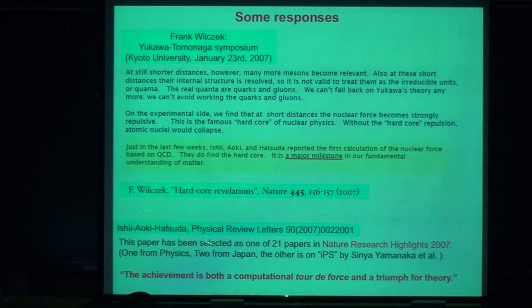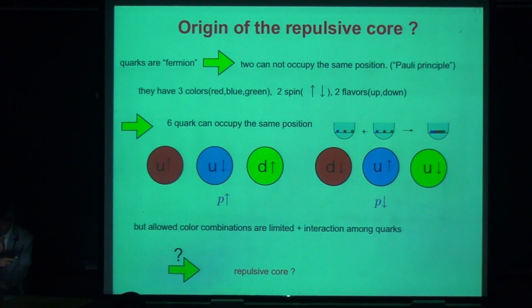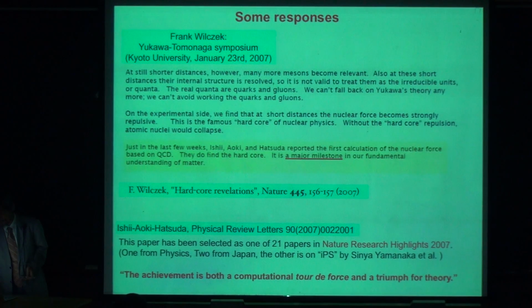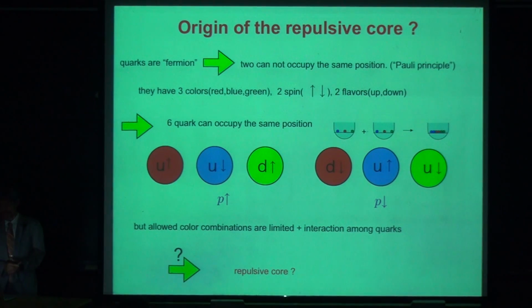In that highlight, they said the achievement is both a computational tour de force and a triumph for the theory. So the question is then, since we just calculate numerically and obtain the repulsive core, what is the origin of the repulsive core?